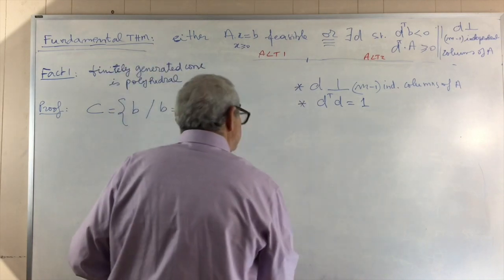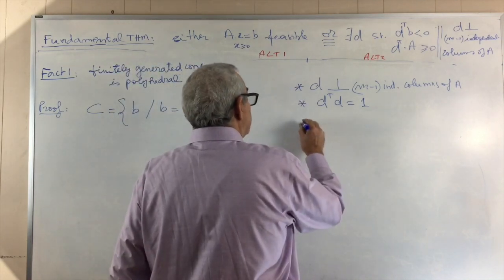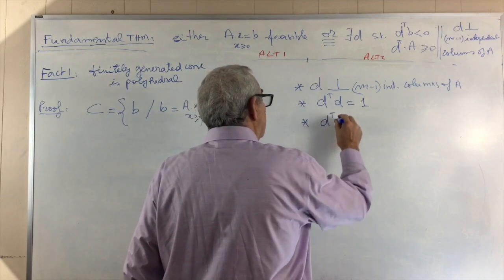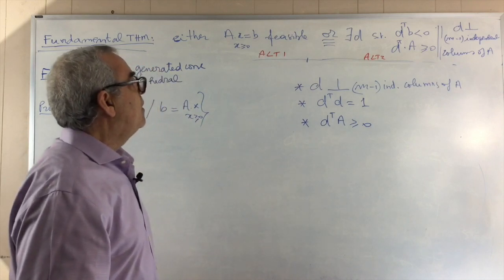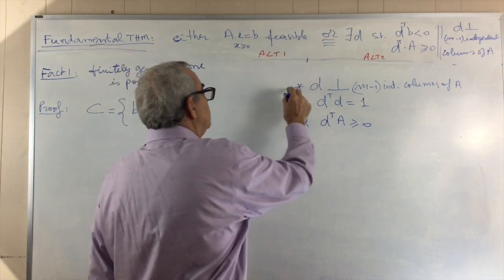And then the third condition is d transpose A greater or equal to 0. So these are the three conditions here.